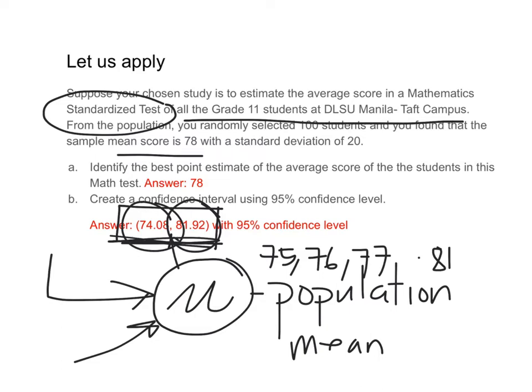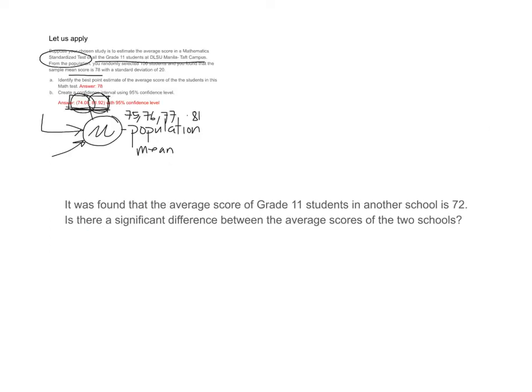So let's use this information. I'll make a follow-up question. Let's check this follow-up question. It was found that the average score of grade 11 students in another school. Take note that in my previous discussion, the average that we obtained is the average score of the grade 11 students at De La Salle Manila Taft campus.